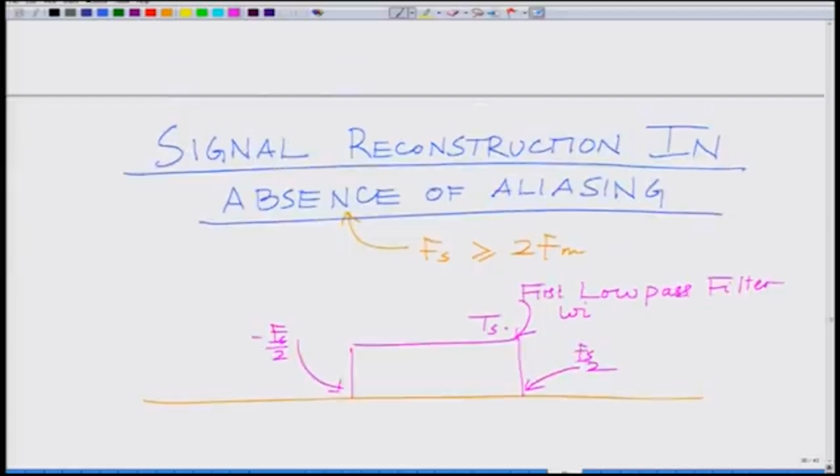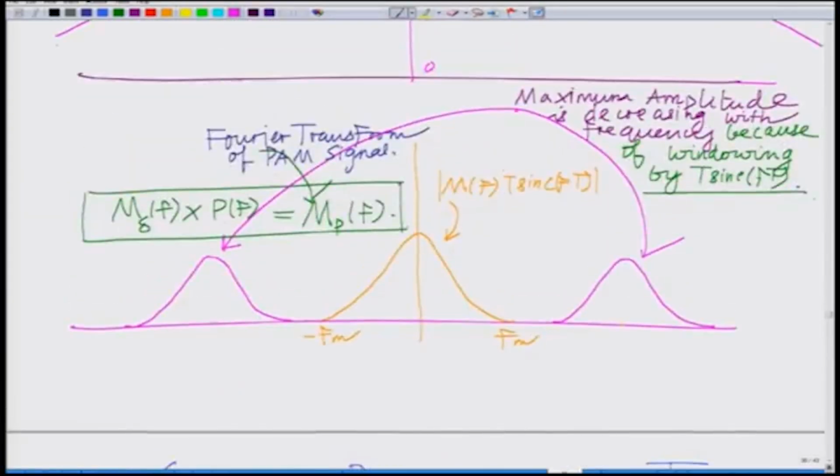And by the way, the expression for this is basically your M delta f times P f.